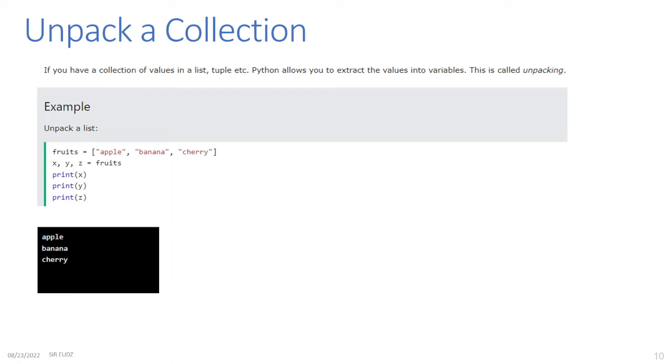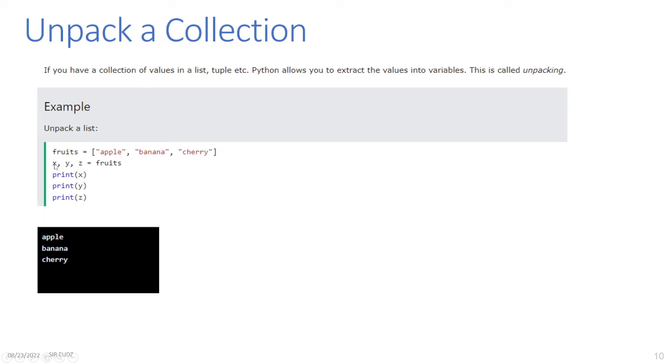Unpack a collection. If you have a collection of values in a list, tuple, etc., Python allows you to extract the values into variables. This is called unpacking. For example, we have a list here. Later on we'll be discussing more about lists. So fruits is equal to, if you notice, a list is enclosed in square brackets. Then we have apple, banana, and cherry.